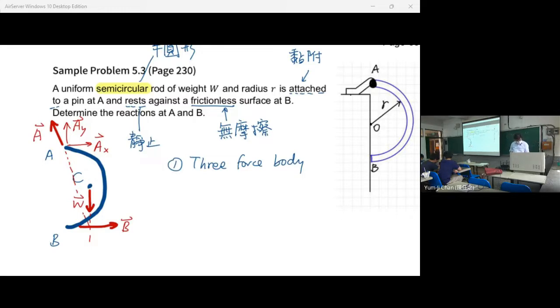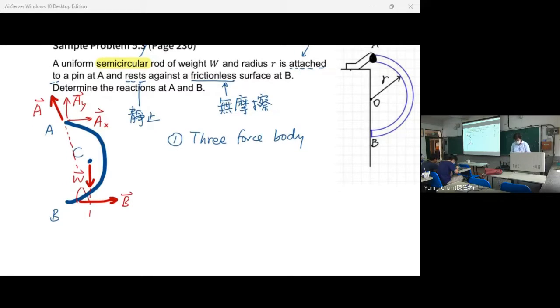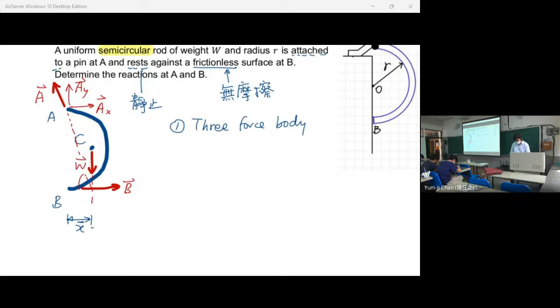Now, before we take a break, let's complete the free body diagram. Here is x bar, which is equal to r sine alpha over alpha, which means it is 2r over pi.